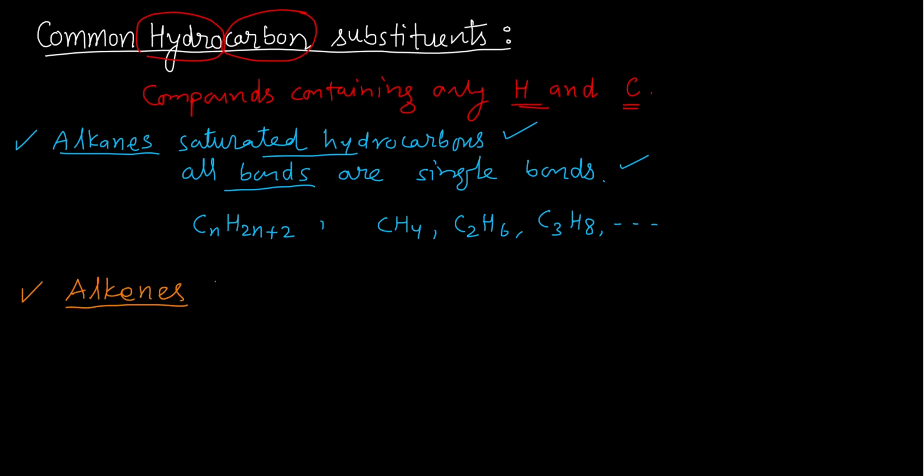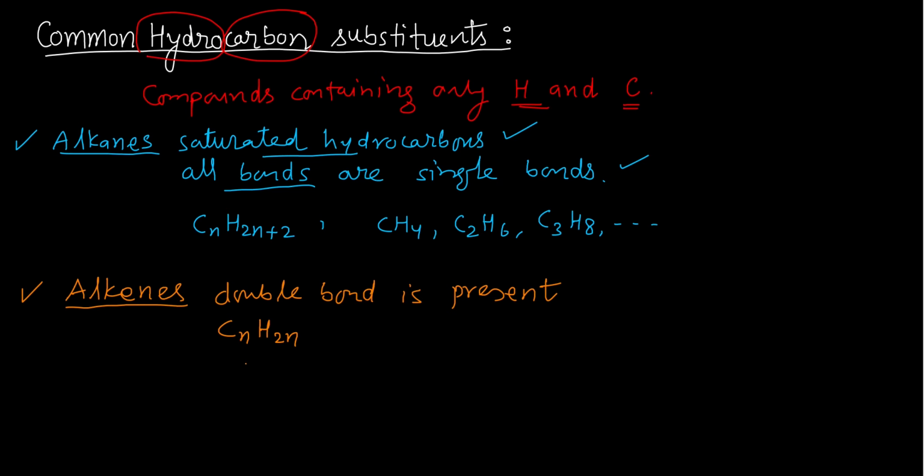Alkenes are unsaturated compounds because one or more double bonds are present. The general formula for this family of compounds is CnH2n. One more thing I would like to tell you is that this is true only if one double bond is present.